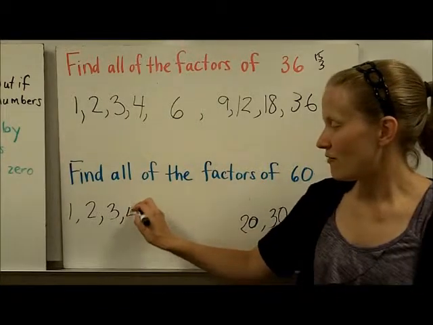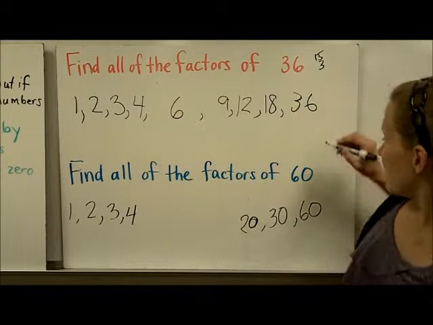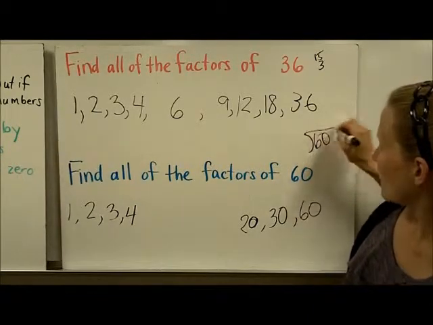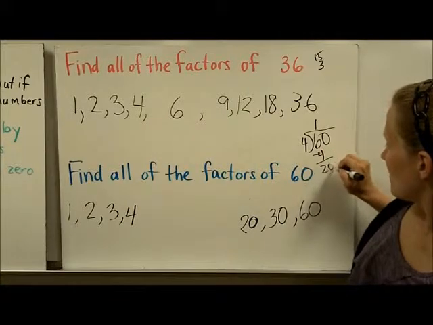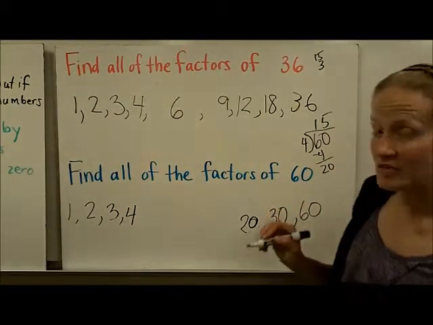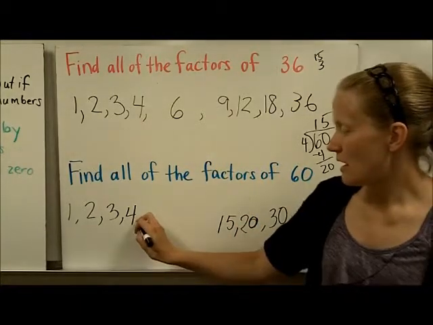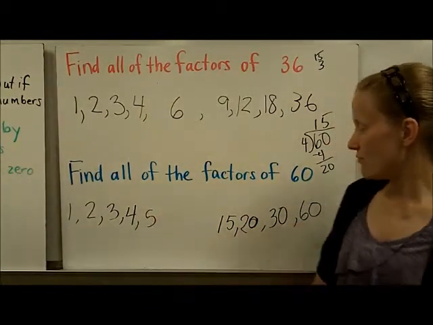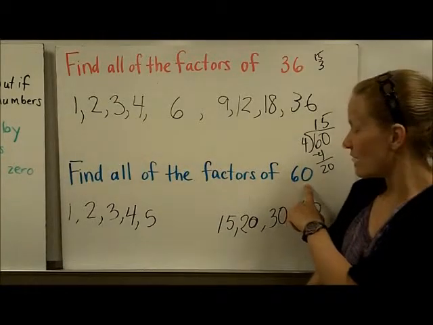Then I'm going to think about 4. Now 4 is one I'm just going to have to try because I don't know the multiplication fact. 4 times something, and I get 15. So 4 times 15. And then I'm going to think 5. Well, since it ends in a 5 or a 0, 60 is divisible by 5.